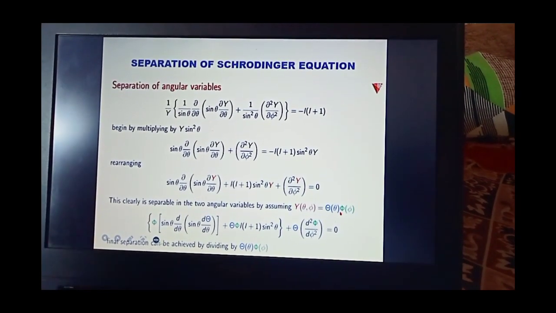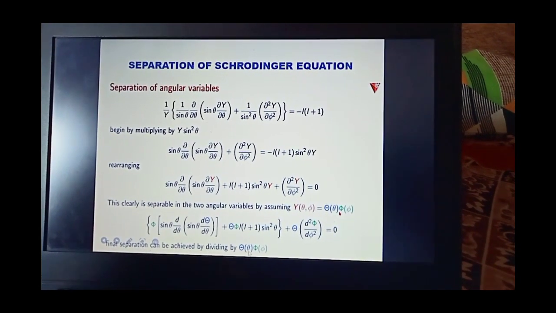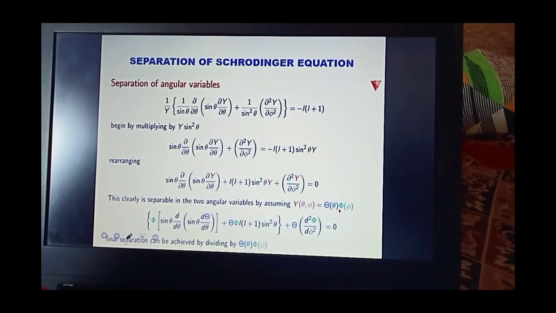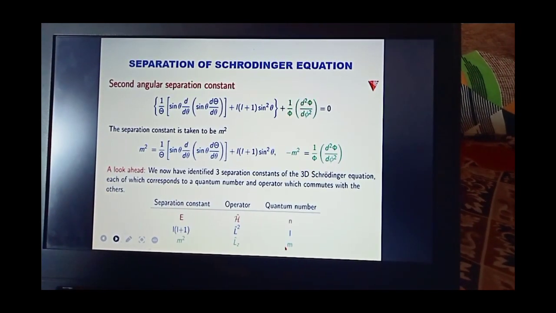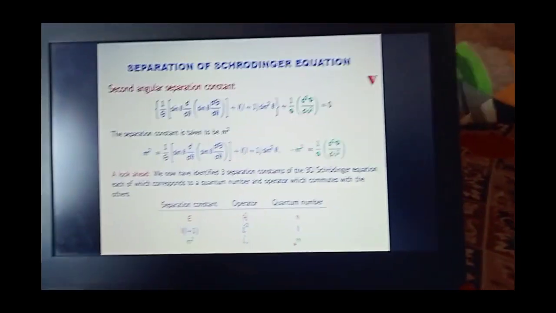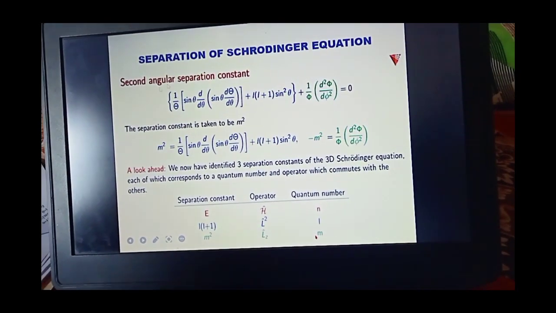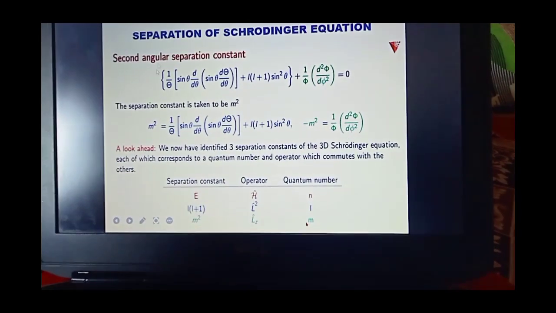Final separation can be achieved by dividing by Θ(θ)Φ(φ). We have to divide this equation by Θ and Φ, and in our last slide we achieve our result.